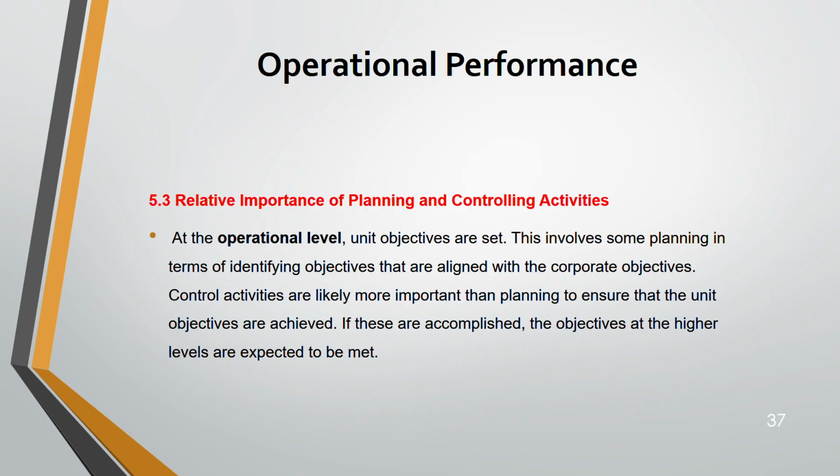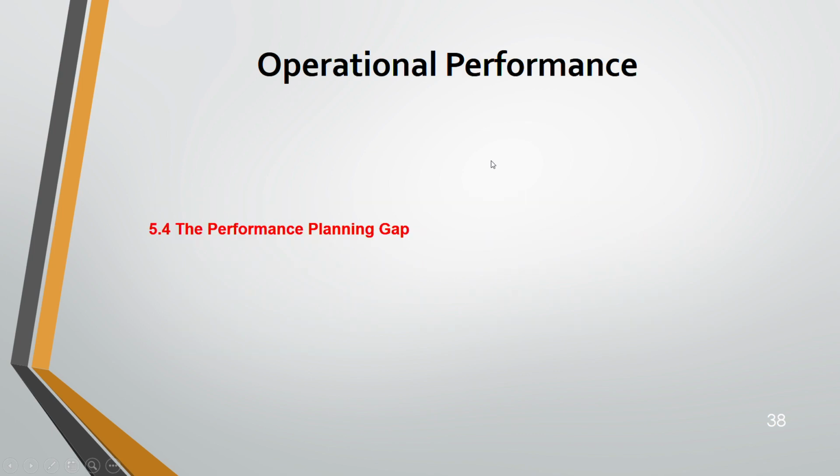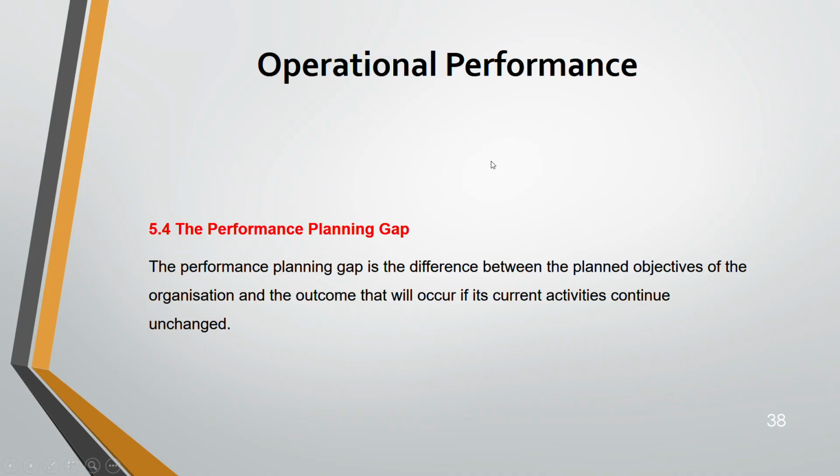At operational level, it's not more planning, it's more of controlling activity. Okay, so we are taking controlling activities to ensure that we are meeting the objective. So if you have achieved the objectives at the operational level, ultimately you have achieved the objective at the higher level also.